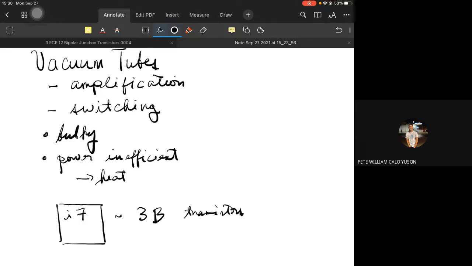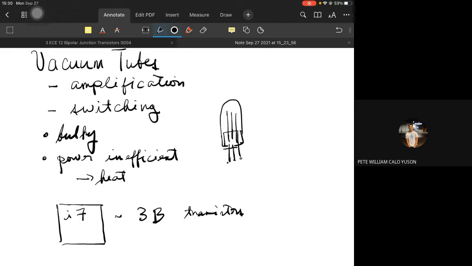So imagine if a vacuum tube is the same size as a light bulb, with just three terminals at the bottom.